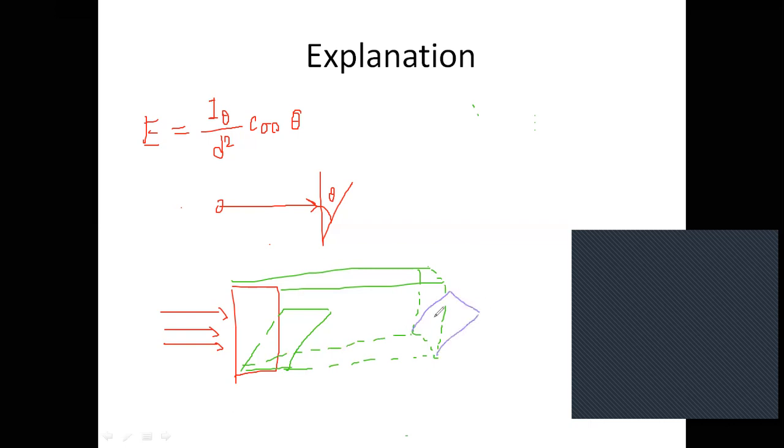This angle is theta, and this area is del A dash, equal to del A by cos theta.